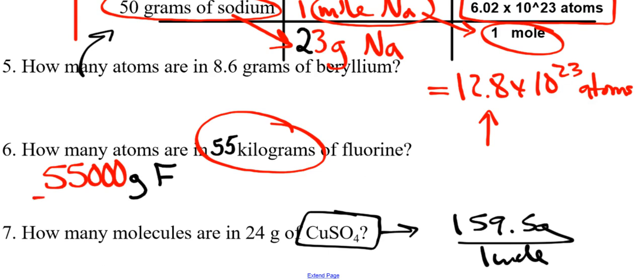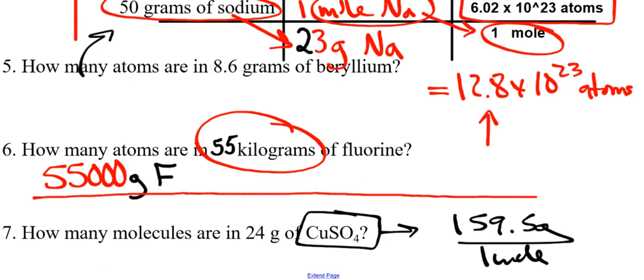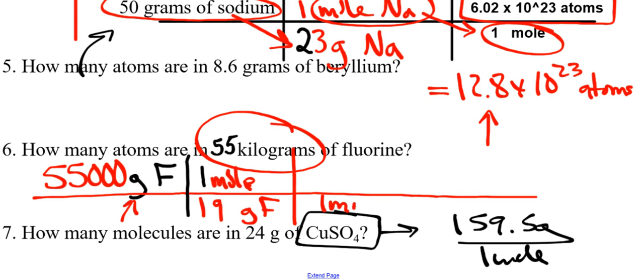Now I'm going to set up my picket fence, and I'm just going to do the same thing I always do. I'm going to take my unit of grams of fluorine, and if you look at the periodic table, the bigger number for fluorine is 19 grams for every 1 mole. Then I need to get rid of mole, so I put 1 mole on the bottom, and I put Avogadro's number on top, 6.02 times 10 to the 23rd.